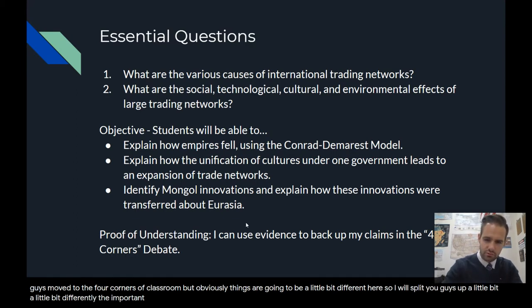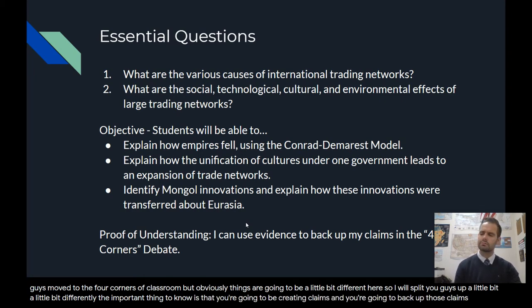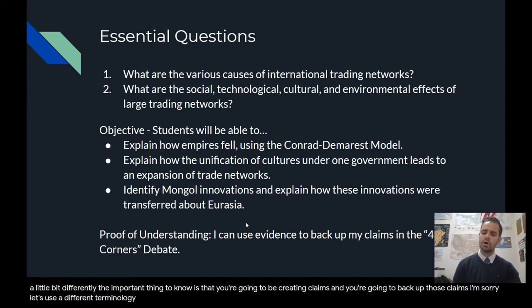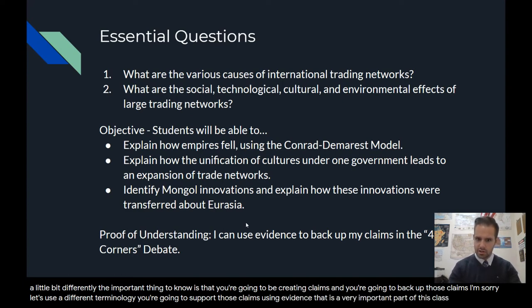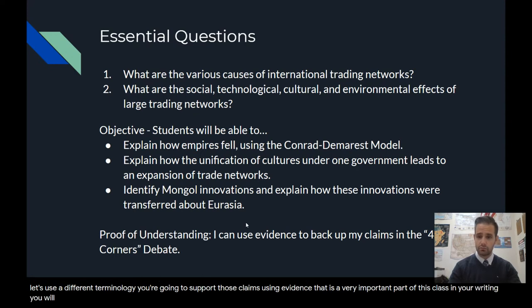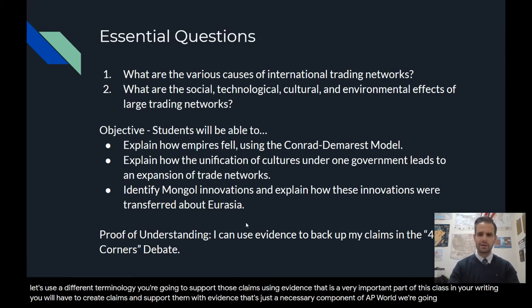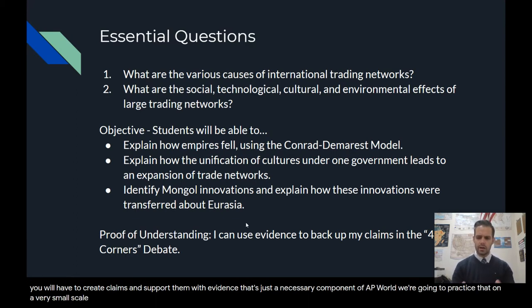The important thing to know is that you're going to be creating claims and supporting those claims using evidence. That is a very important part of this class. In your writing, you will have to create claims and support them with evidence. That's a necessary component of AP World. We're going to practice that on a very small scale in our synchronous learning session for the Mongol Empire.